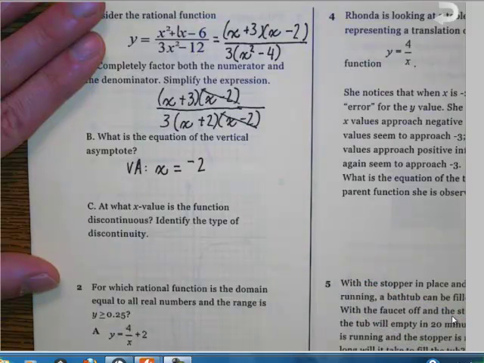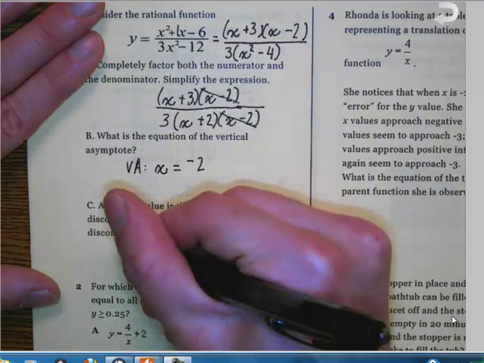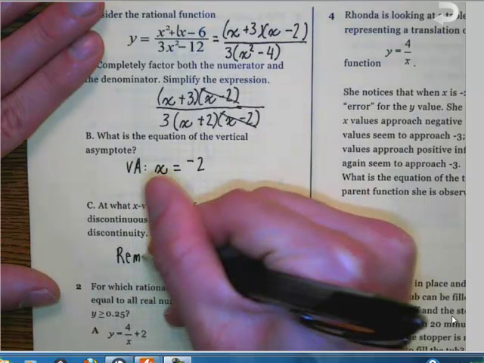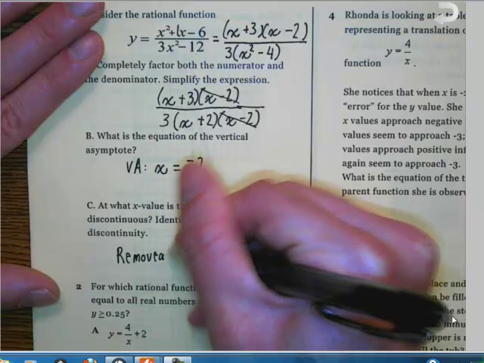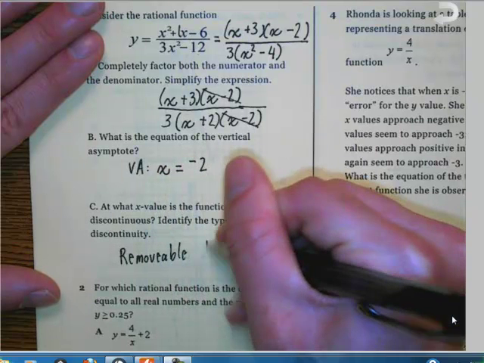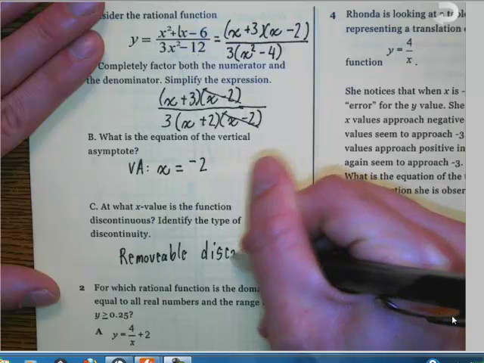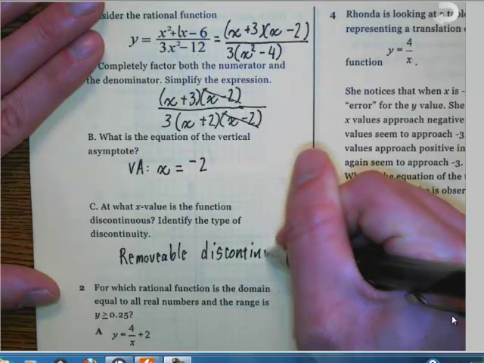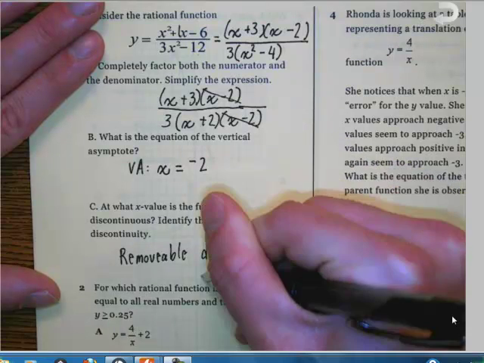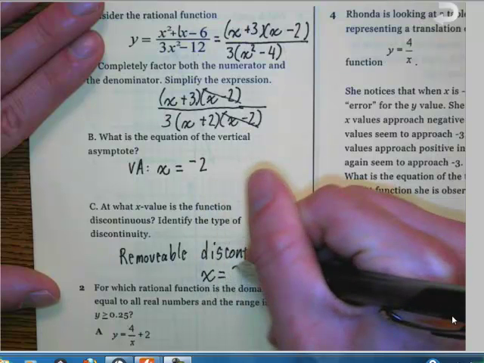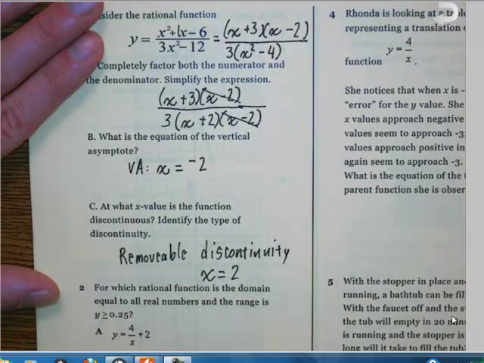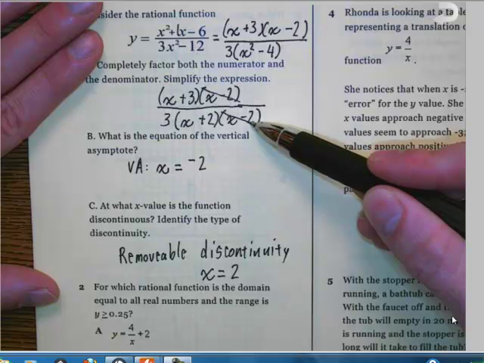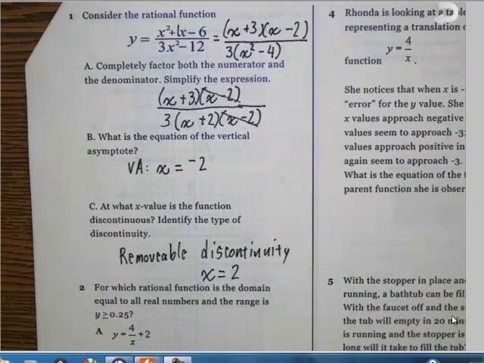Your vertical asymptote is where your denominator becomes 0. Your removable discontinuity exists at +2, because that would make this x minus 2 equal to 0, because 2 minus 2 is 0.